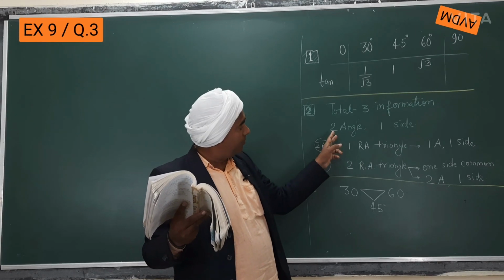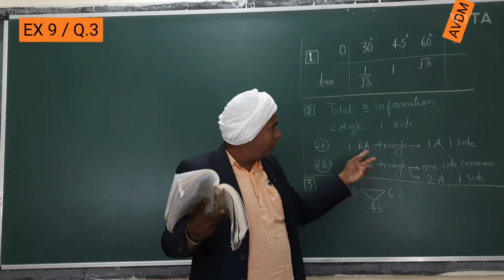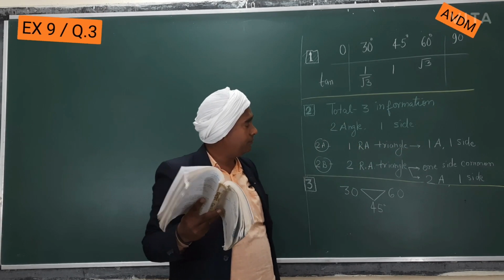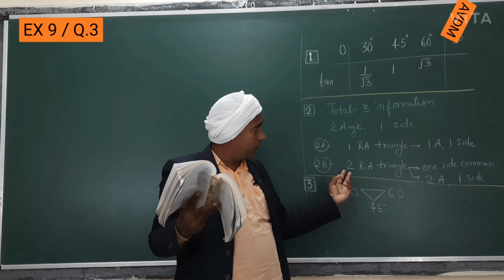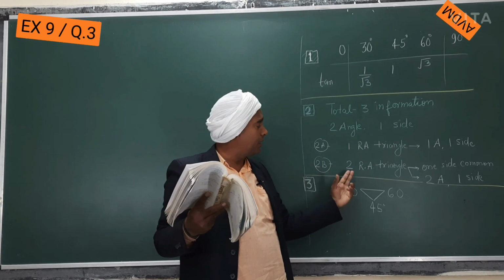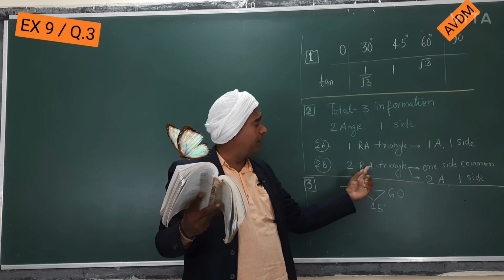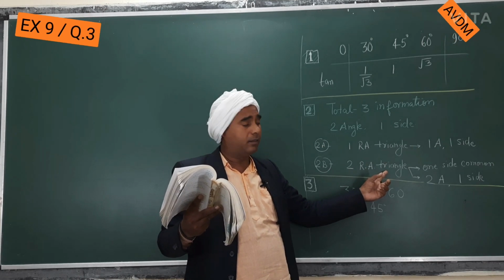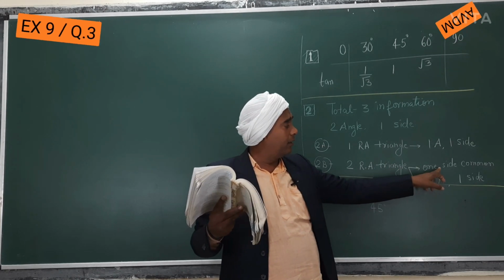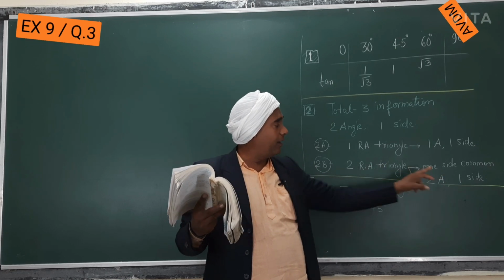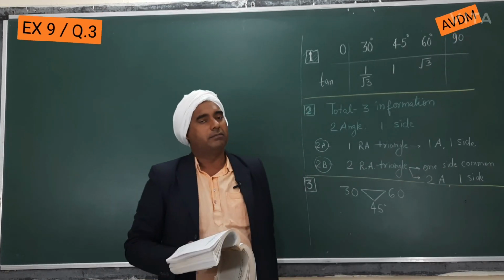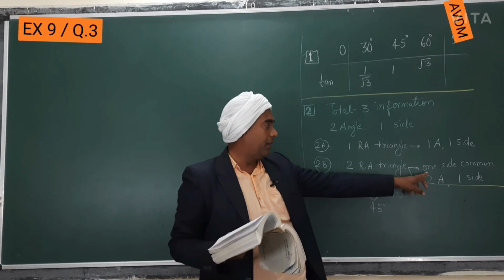And the second type includes 3 informations too. Most of the tough questions are included in this type, 2 right angle triangles. In these 2 right angle triangles, one side is common, you will see in most of the questions.